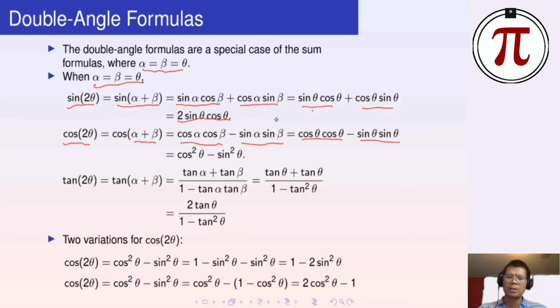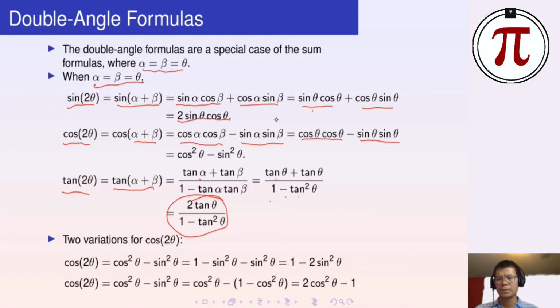So that's cosine squared theta minus sine squared theta. Basically, we're just using the special case: when alpha and beta are both theta, we have these equations. Similarly for tangent 2 theta equals tangent of alpha plus beta, and because alpha and beta are both theta, we have tangent theta plus tangent theta over 1 minus tangent squared theta, so it equals this one.